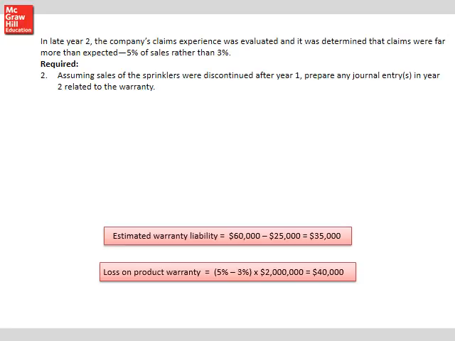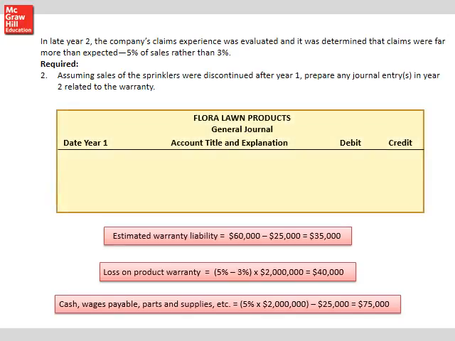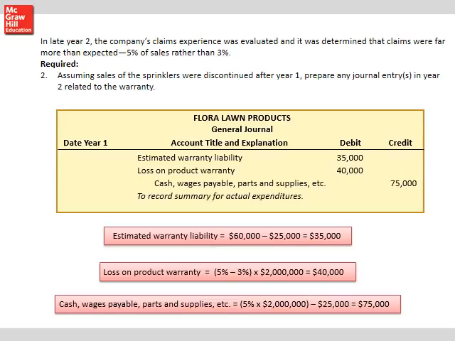That's $40,000 that we'll have to add to that. And so we're going to have wages, cash, parts payable, whatever, for 75,000. So now our journal entry is going to be estimated warranty liability of 35,000, loss on product warranty of 40,000, and then whatever it took to satisfy it, cash, wages payable, parts, whatever, of $75,000.